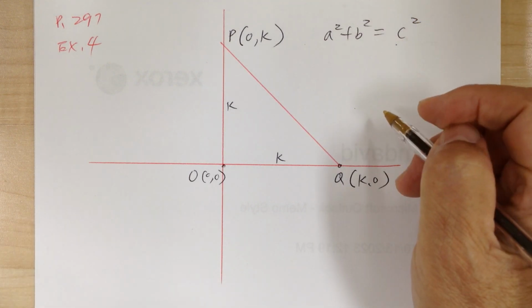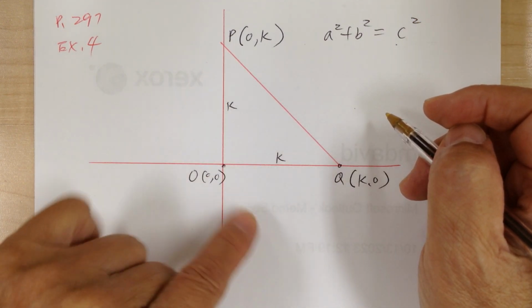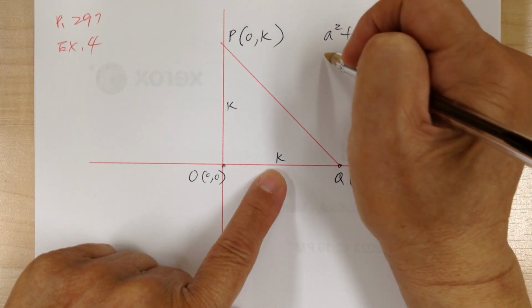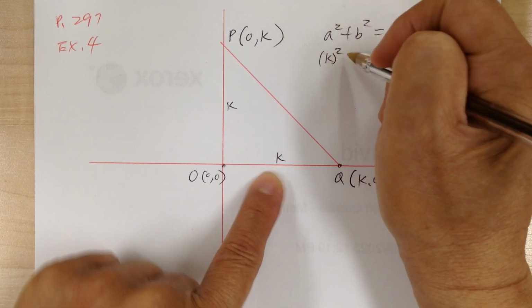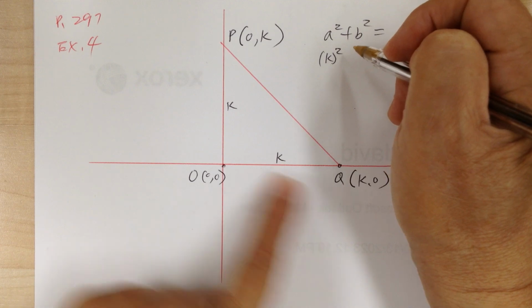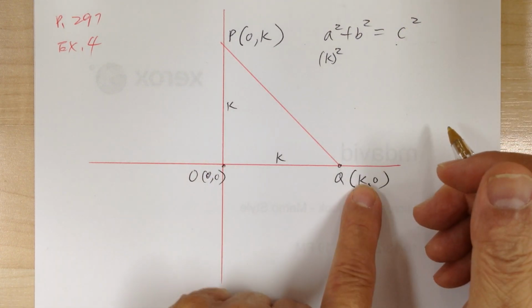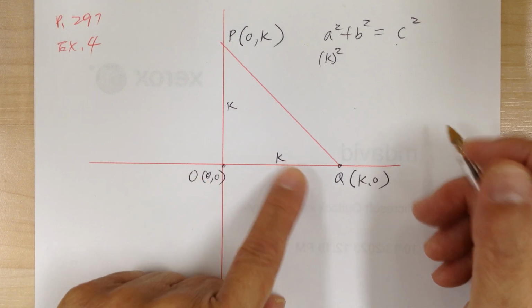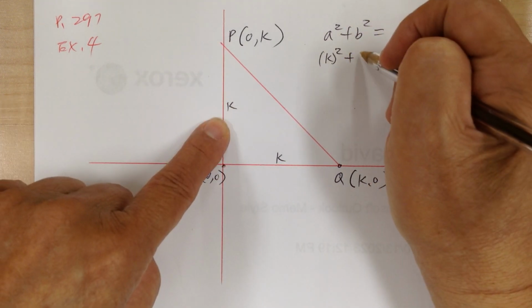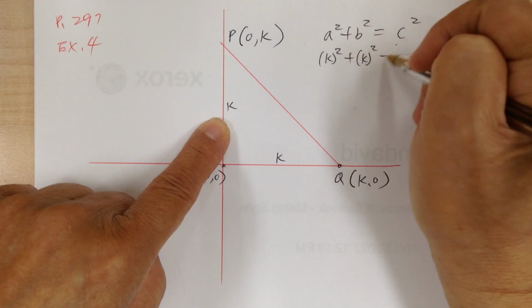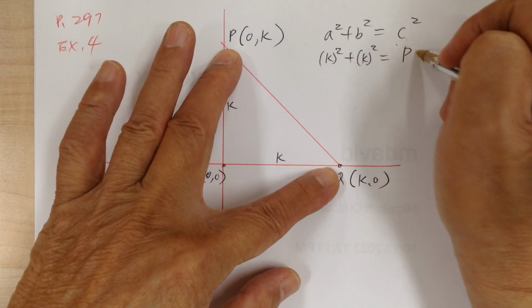So a and b are the legs. So a would be k. You already know the length. If you don't, you just use the end minus beginning. So k minus 0 gives you k. And b, again, is also k. And c is your PQ.